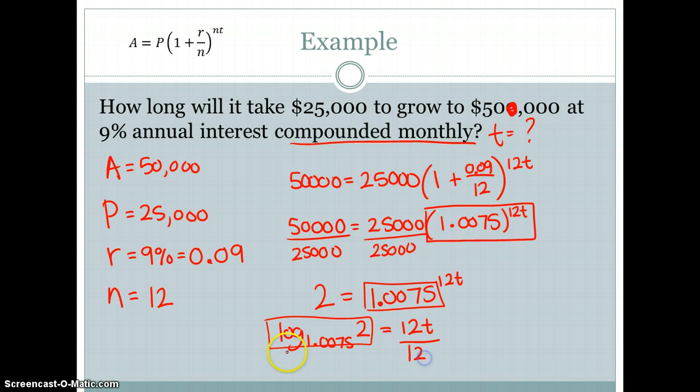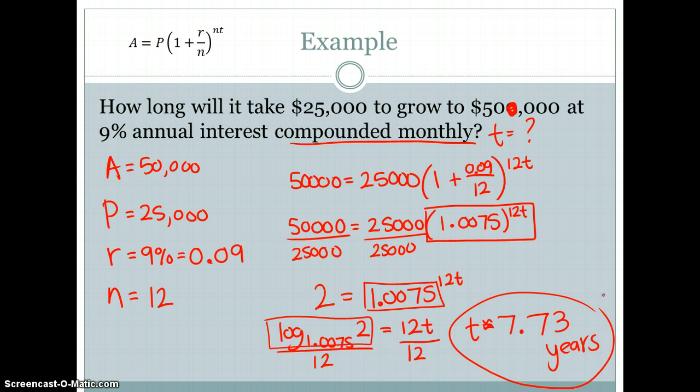You take that number that you get from your calculator and divide by 12. Typing that in, and again, make sure you can do that, you should get t is about 7.73. So that represents 7.73 years, 7 and almost 3/4 of a year to double your money if you had 9% interest.